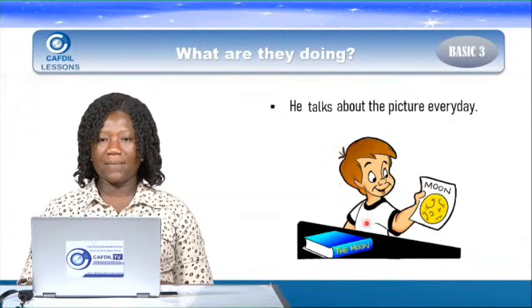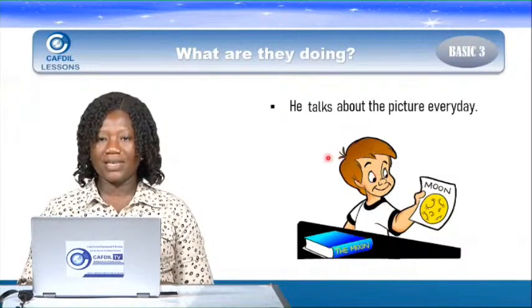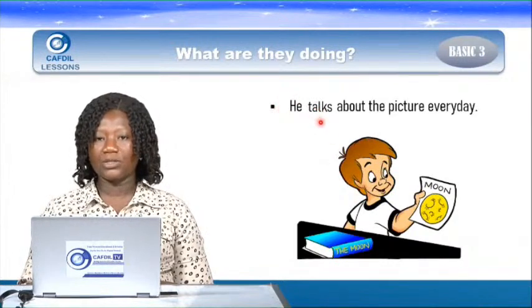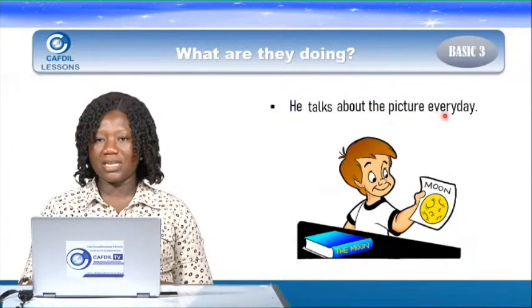Now let's look at the mouth. You can see that the two lips are moving, right? So it means the person is talking. I can even see the tongue coming out. So in our sentence, we can have he talks about the picture every day.